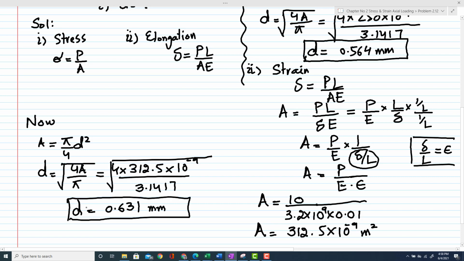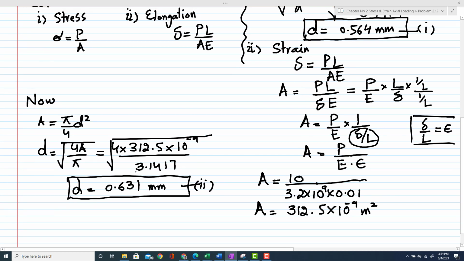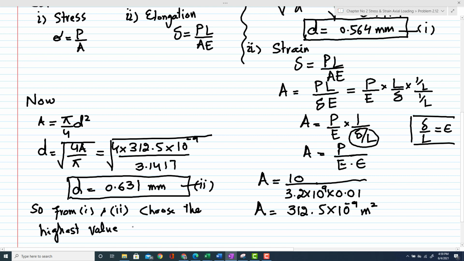So from the stress criterion I got D as 0.564, and from the elongation criterion I got 0.631. So from 1 and 2 we will choose the highest value of diameter of the thread.